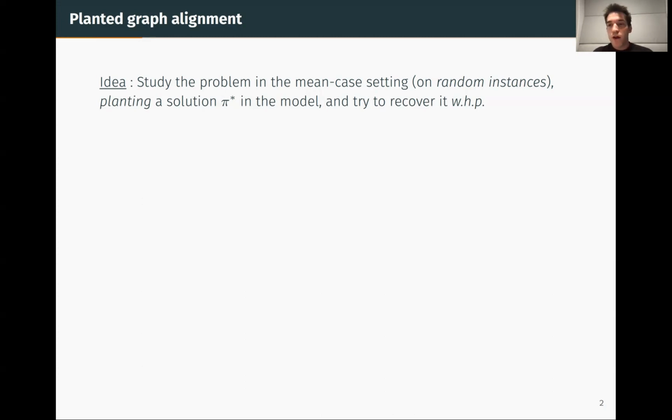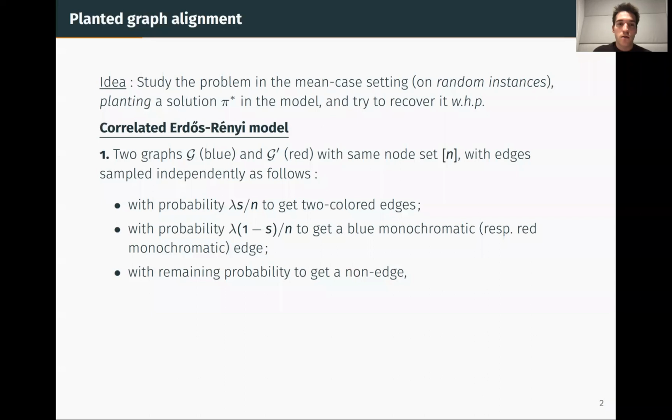Okay, so now let me describe first the random model we are working with. If you're familiar with random graphs, you won't be surprised here that we use the correlated Erdős-Rényi model. So this model is very simple, except that here we have two graphs, so we have to think about correlations. So we simply draw every edge independently. So imagine that the edges of G prime are blue and the edges of H prime are red, for instance, with the same node set, then every edge I J will be either two-colored with probability lambda S over n.